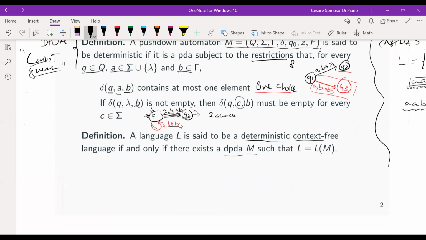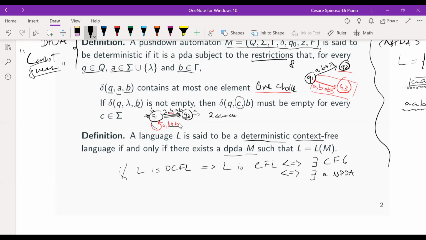If L is a deterministic context-free language, then that means that L is a context-free language. Because remember, L is a context-free language if and only if there exists a context-free grammar that generates it, and if and only if there exists an NPDA that accepts it.